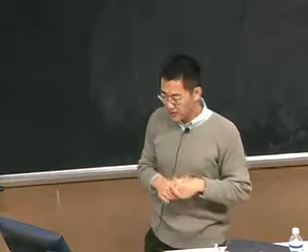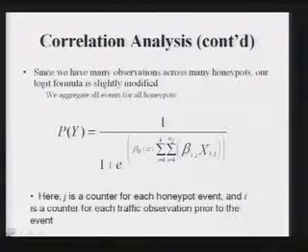But my oversight was that my student actually did the following. He got all the events across all the honeypots together and used that in logistic analysis. So for example, when observing outgoing traffic at one honeypot, he would get all events from all other honeypots.